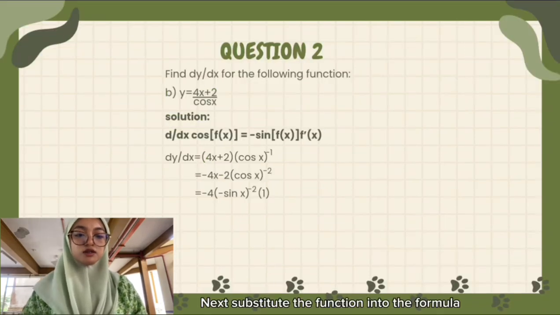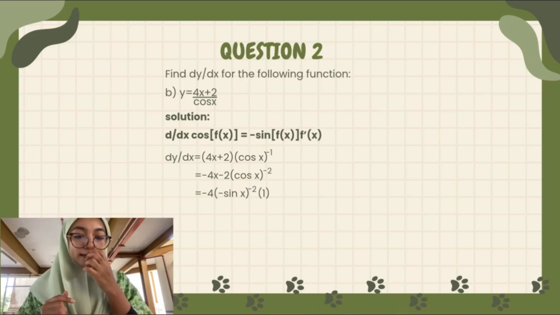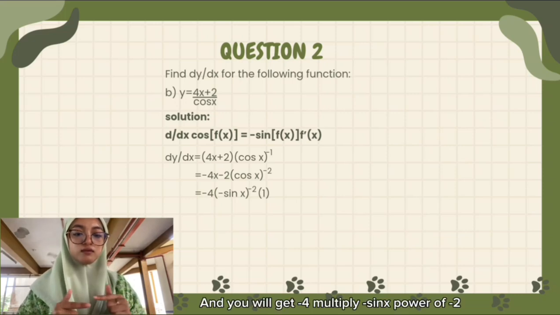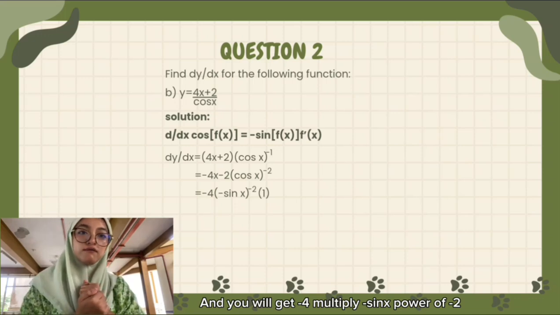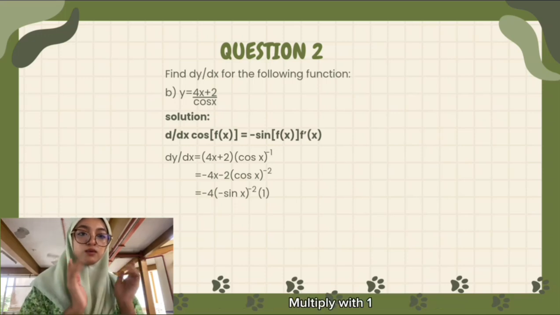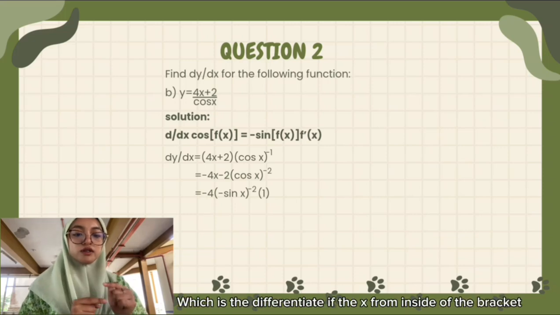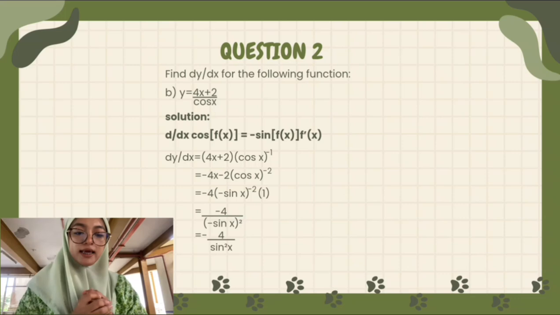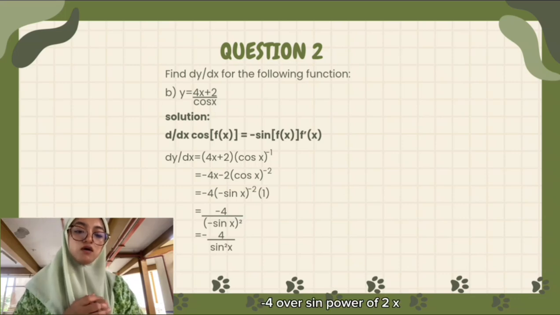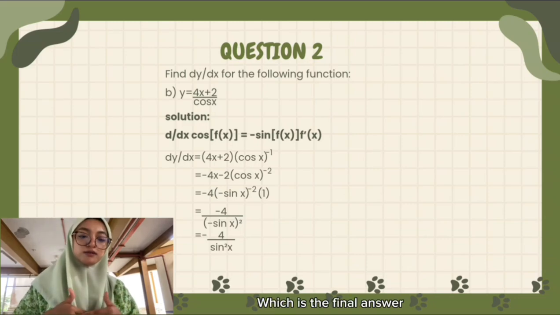Next, substitute the function into the formula, and you will get negative 4 multiplied by negative sin x to the power of negative 2 multiplied by 1, which is the derivative of the x inside the bracket. Then you will get negative 4 over sin 2x, which is the final answer.